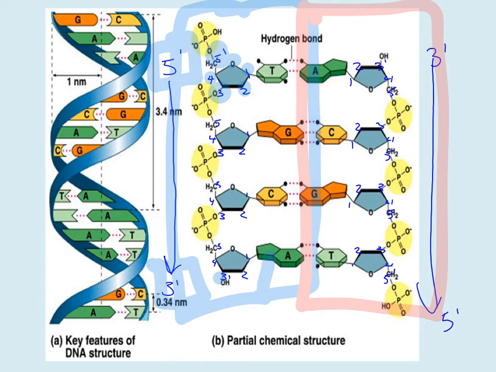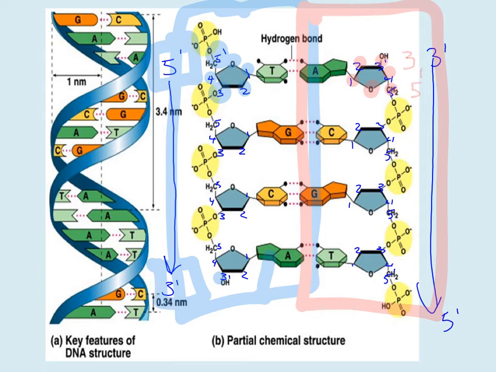Now, on the other side, here's my oxygen on my sugar, and I start counting to the right of that oxygen. Carbon 1, carbon 2, carbon 3, carbon 4, and carbon 5. Well, now I have my 3 at the top and 5 at the bottom.